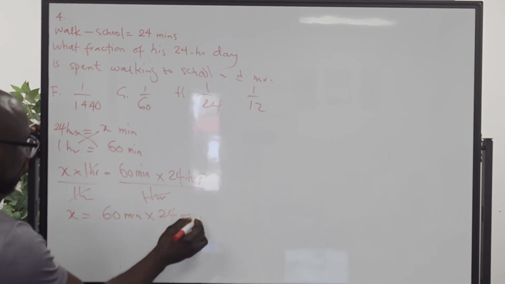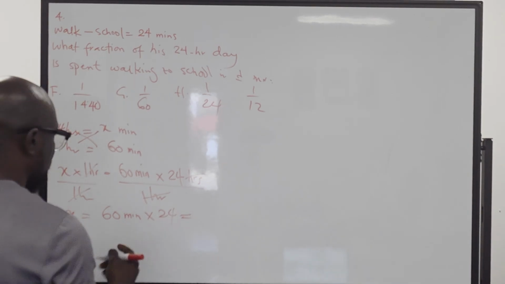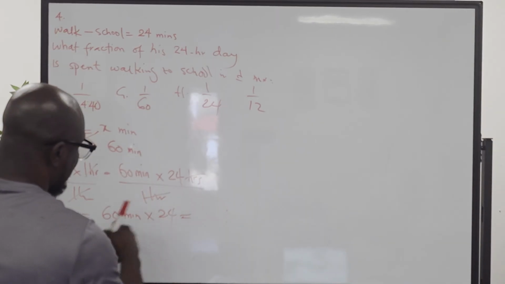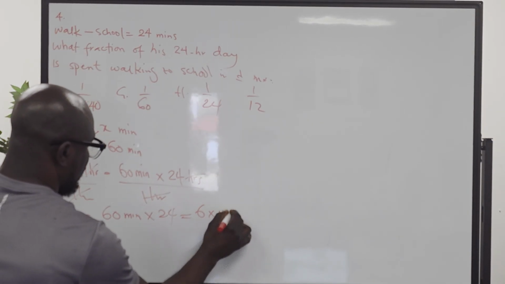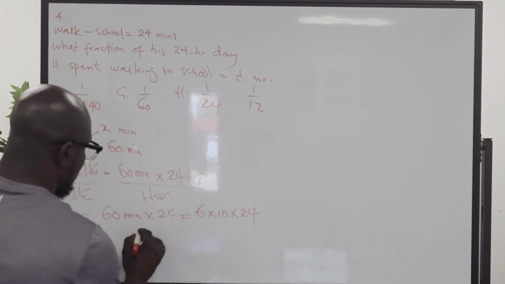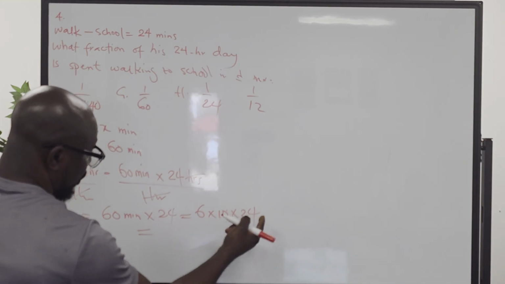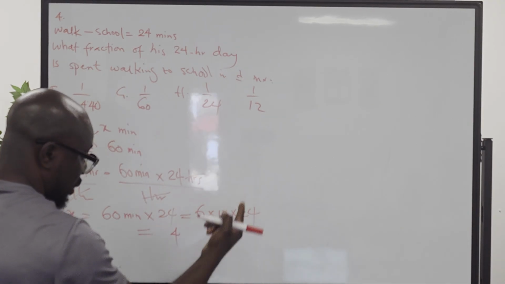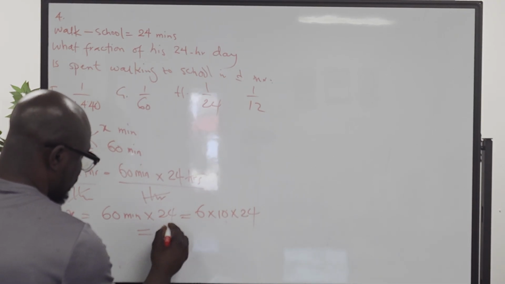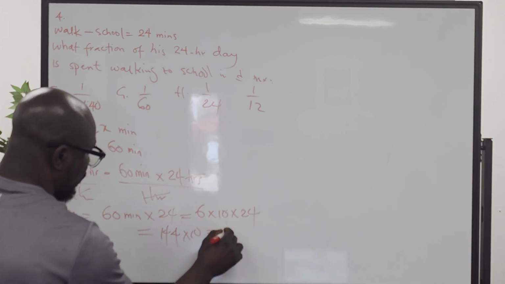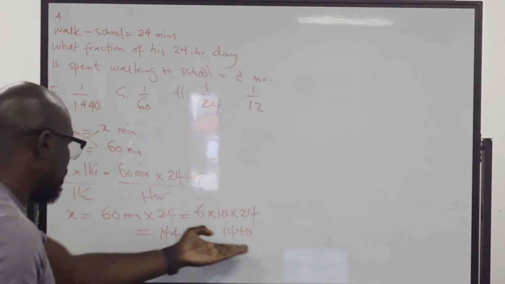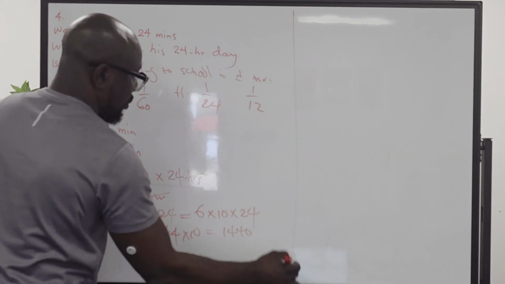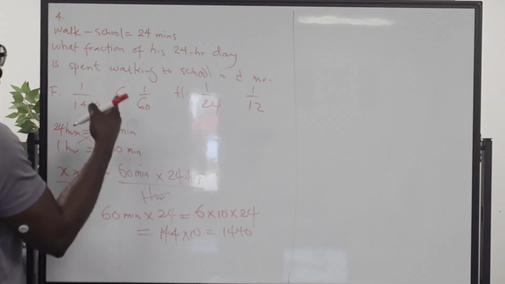You can rewrite this as 6 times 10 times 24. 6 times 4 is 24, you have 4. 6 times 2 is 12, plus 2, that's 14. So you have 14 times 10, and that gives you 1440. So now you have your minutes. So if you want to get the fraction, it's going to be 24 over 1440.